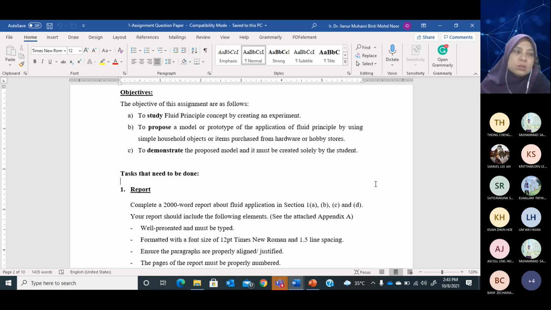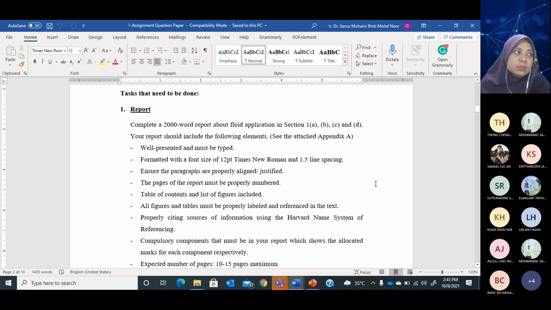So you cannot say during presentation day that your experiment cannot work, got this problem, that problem. So that is why I ask you to record as a backup. So during the day, you open that backup video.